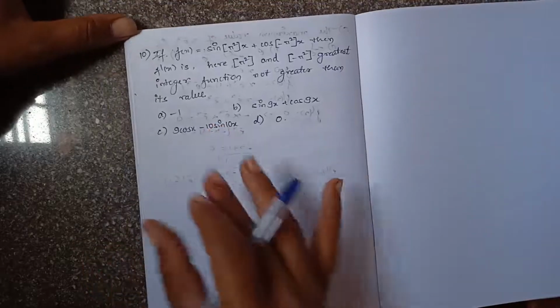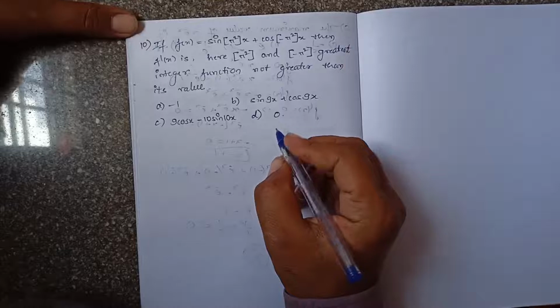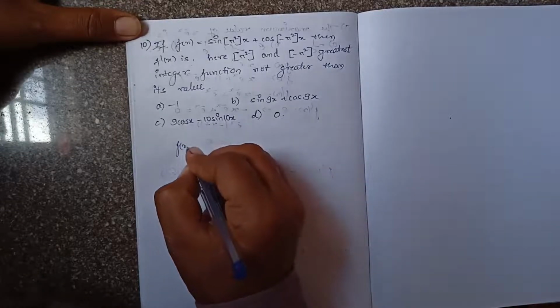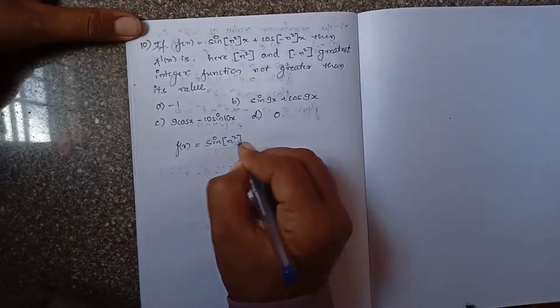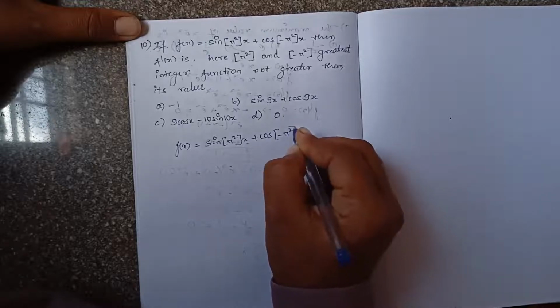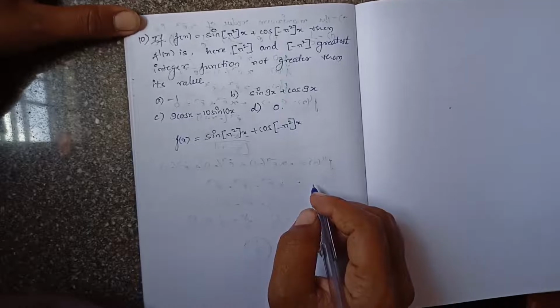Answering the last question, question number 10, simple one it is. Here I hope you know the greatest integer function. F of x is equal to sine of step of pi square x plus cos of step of minus pi square x. How does the greatest integer function work?